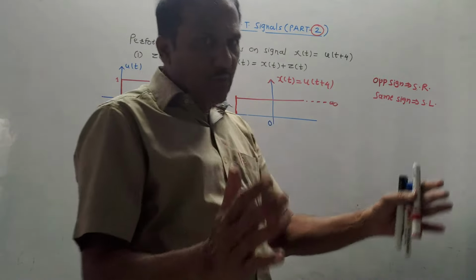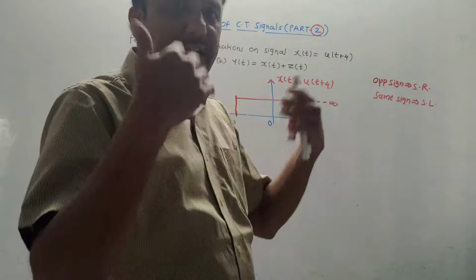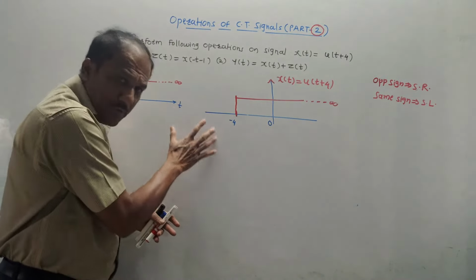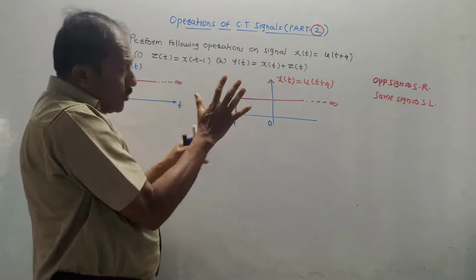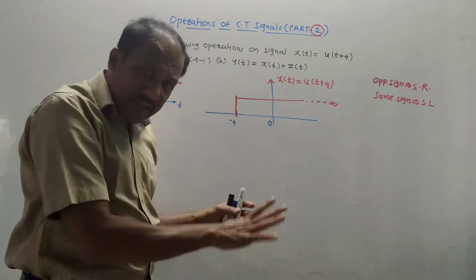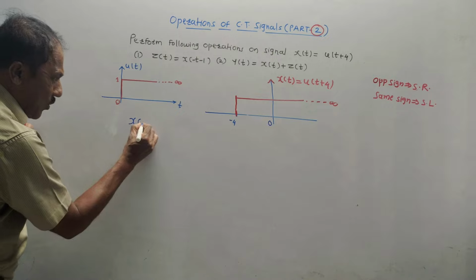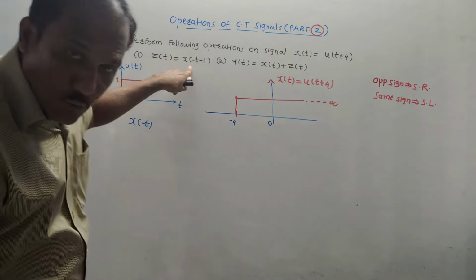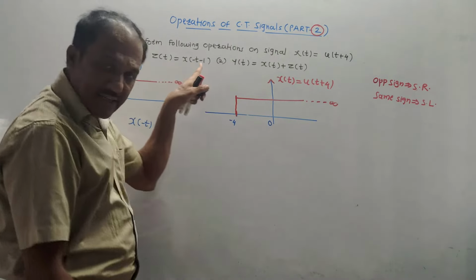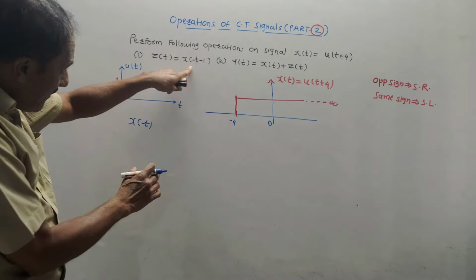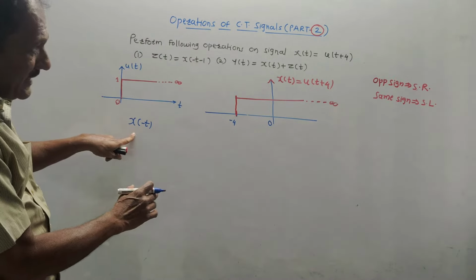For discrete signal, we are supposed to write the sequence and then draw the diagram. This is the case of continuous diagram, so you have to directly draw the diagram. First, what I will be doing, I will be drawing diagram of x of minus t only. Keep in mind, I have to perform the operation x of minus t minus 1. But first, I will draw the diagram of x of minus t.